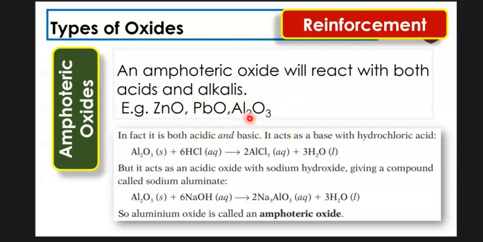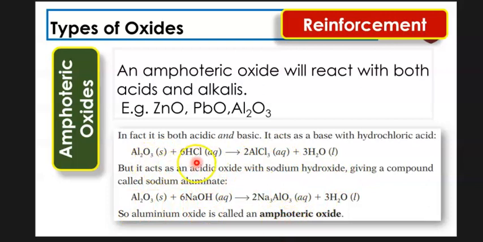You will need to know the equation for the reactions of each of these oxides with either an acid or a base. For example, aluminium oxide reacts with an acid here. It can also react with a base. So you can see that the product of the reaction differs.